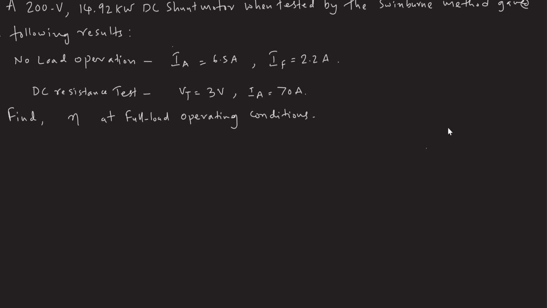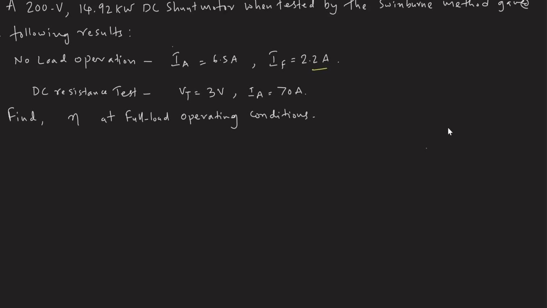So a 200 volt 14.92 kilowatt DC shunt motor, when tested by Swinburne's method, gave the following result. At no load operation, armature current is 6.5 amps and field current is 2.2 amps.